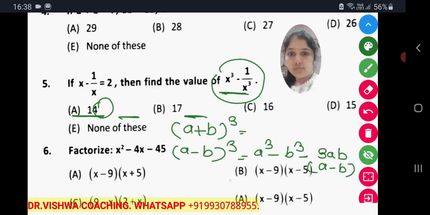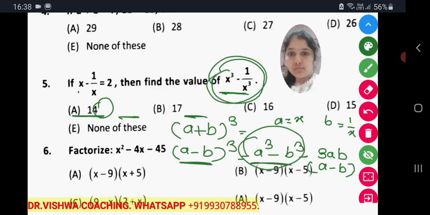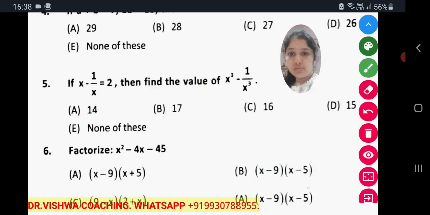Now put the value of a minus b, where a is x and b is 1 upon x. Now put all the values, you can find the value of x cube minus 1 upon x cube, meaning a cube minus b cube. After putting the values, you are able to solve it. So again this is for your homework.